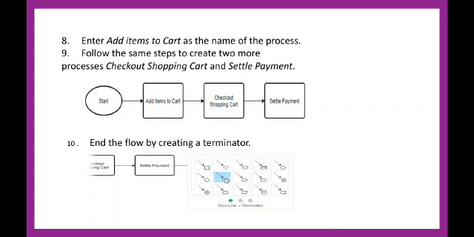Now the flowchart is almost over. The last step is the end point. Same as before, from the resource catalog take the end symbol, that is the terminator, and click OK.